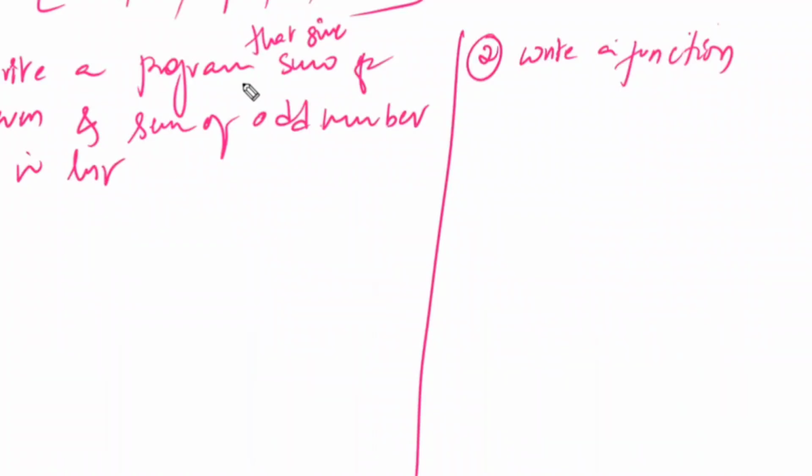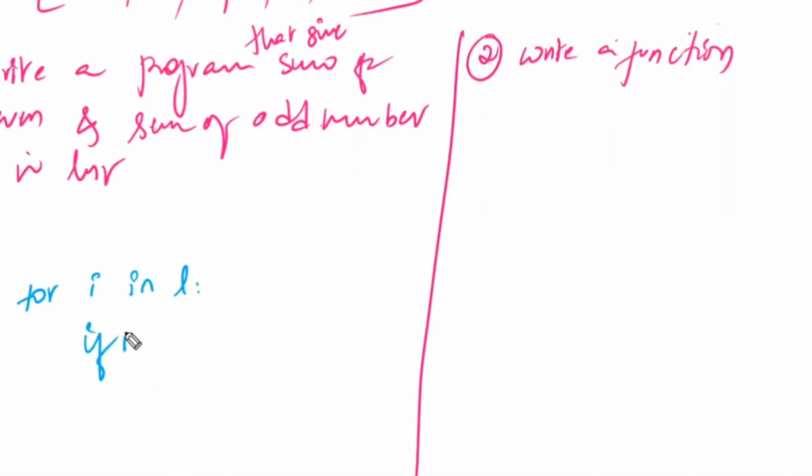As per the Python syntax. Guys, I'm writing. For I in list, I have to add whichever the number is even number.